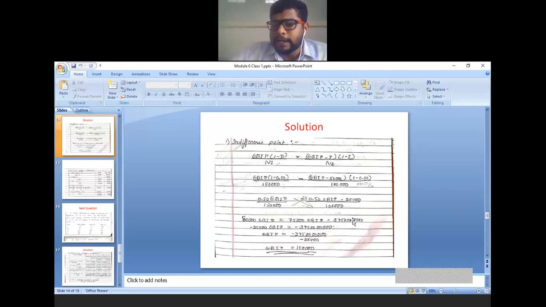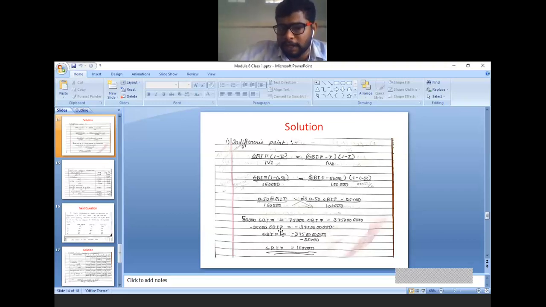See the calculator, how many zeros are there? As it is you put, then you will get the right answer. 1,50,000 into 25,000, it is 375 crore. Now substitute EBIT, bring it to one side. 50,000 EBIT is here, 75,000 EBIT you bring here. What will happen?